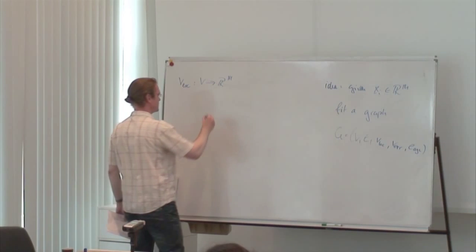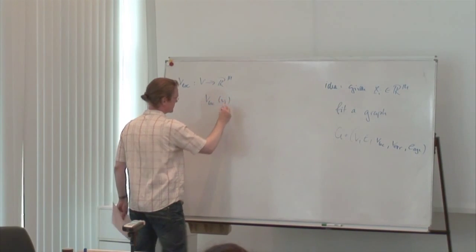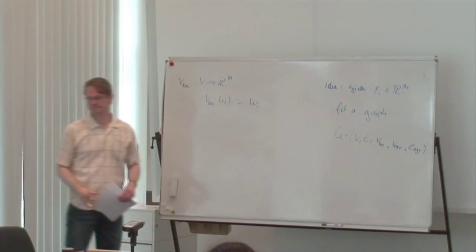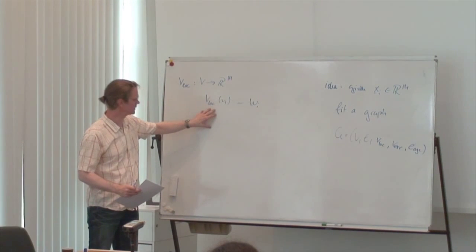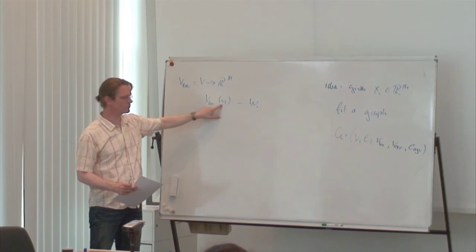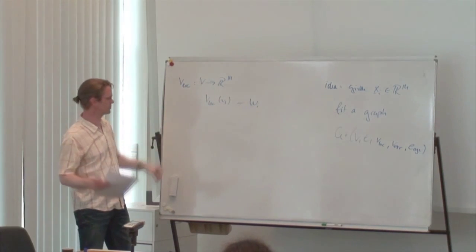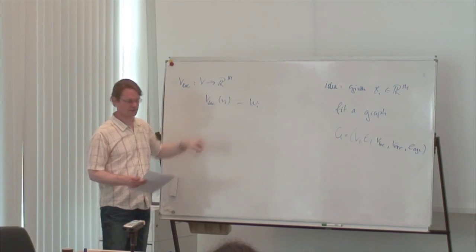And from now on, instead of writing vLocation of vertex vi, I'll just write vector wi. So for every vertex vi, we have a function that maps this vertex to an m-dimensional vector, but I'll reduce notational clutter. I'll just write wi to indicate these.